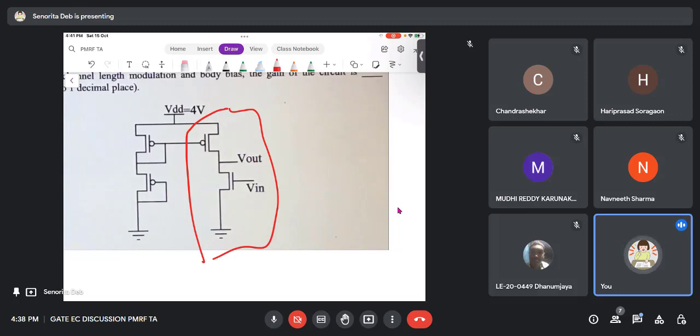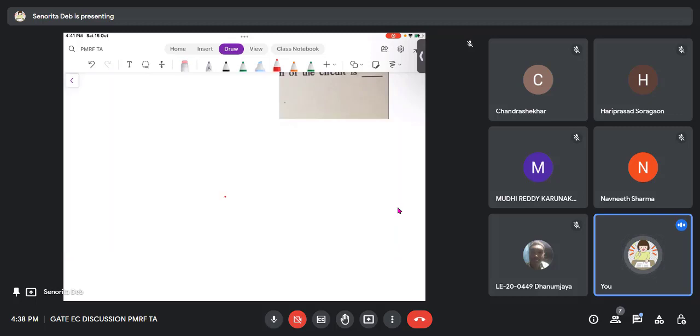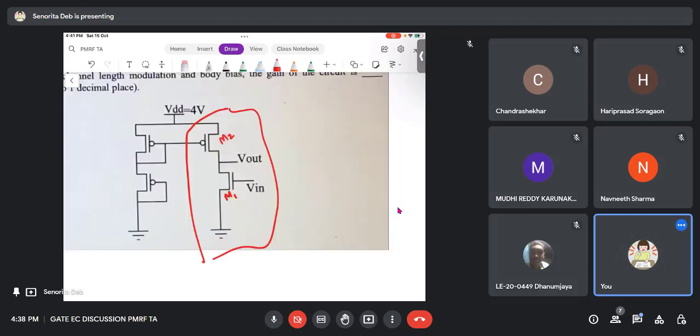Let me name this M1 and this M2. If Vin is input to M1, a current starts flowing, which is gm1 Vin. Since there is no other transistor connected to the source, it is directly ground, so it will be gm only.